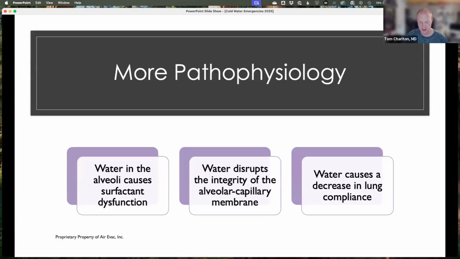The other thing that can occur that makes resuscitation more difficult is all of us have a chemical in our lungs called surfactant. If you remember from any of your neonatal resuscitation stuff, surfactant is this substance that keeps our lung tissue very slippery and keeps the lung and the alveoli from collapsing and becoming stuck to one another.